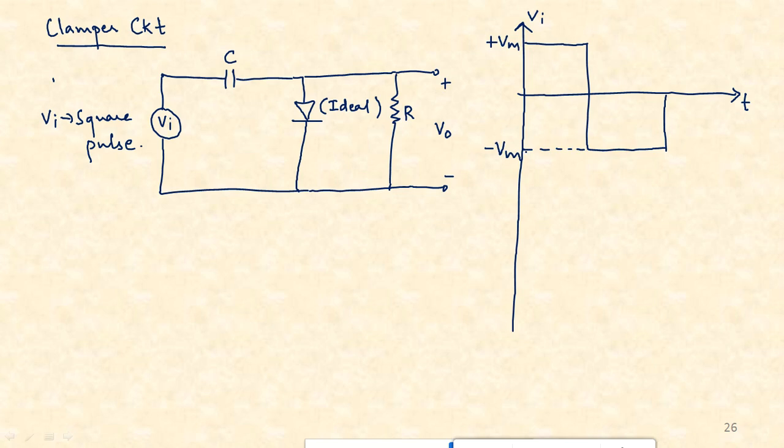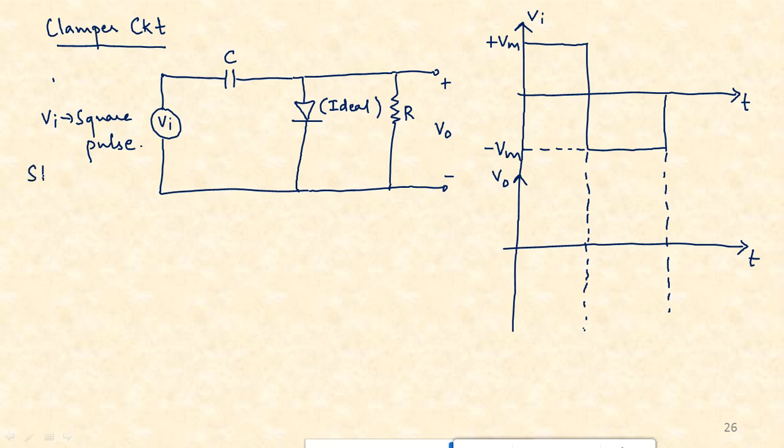I am not giving any particular amplitude to it, I am trying to generalize it. Further, coming to the output waveform, let me call it V0. And for proper understanding let me draw the vertical lines as I used to do in the case of clipper circuits also. Next, the analysis steps.